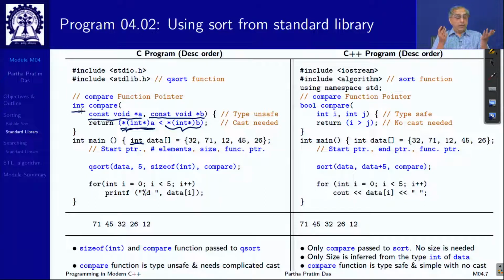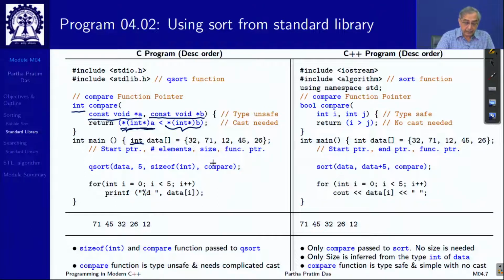So, the function pointer for compare has int as its return type. So, it returns an integer value, for example, if A is less than B, it will return 1, if A is greater than B, it will return 0.